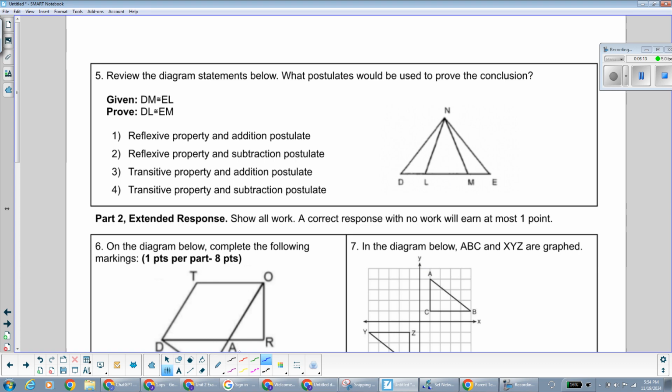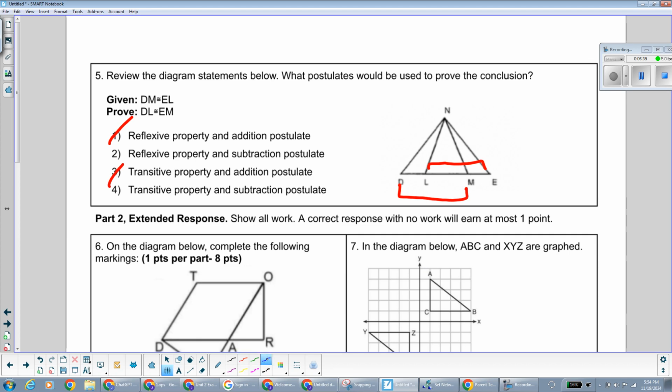Let's take a look over here. We're going from DM to DL, and we're going from EL to EM. So clearly I see we're going smaller. We're going from a longer segment to smaller segments. So it's going to be subtraction. So goodbye 1, goodbye 3.